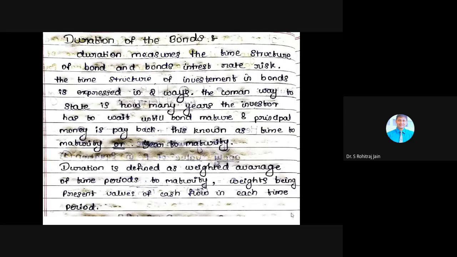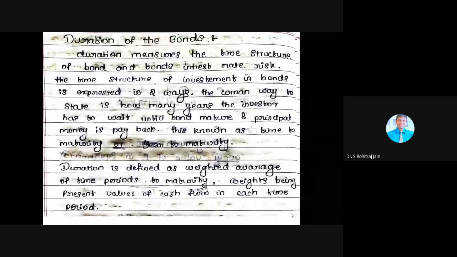The common way to state is how many years the investor has to wait until the bond matures and the principal money is paid back. This is known as time to maturity, or we have already solved this, YTM of the bond, that is, years to maturity, or sometimes we even say YTM.